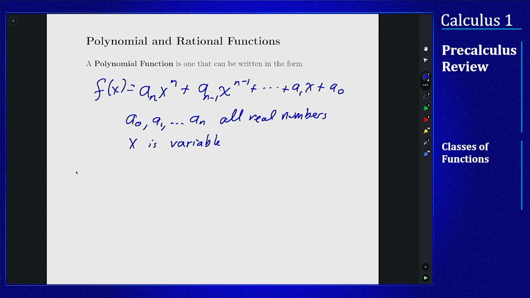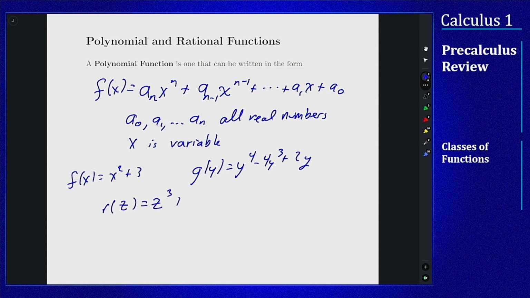This is a polynomial: f of x is x squared plus 3. So is g of y equals y to the 4th minus 4y cubed plus 2y. And so is r of z is z cubed plus 1. Right, these are all polynomials. They're all in different variables.